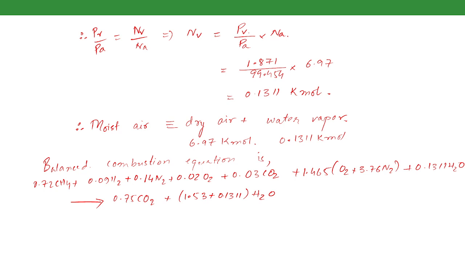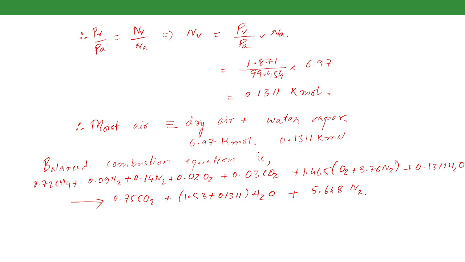So it will just turn up as a product in the reaction. So 0.1311, that is a fraction of water vapor, will just get added plus 5.648 nitrogen.